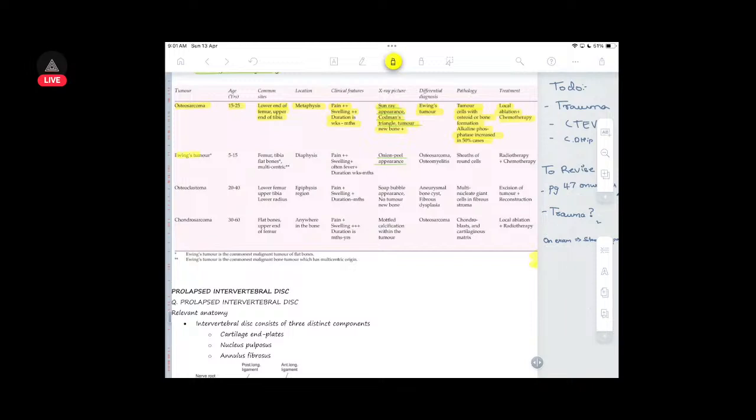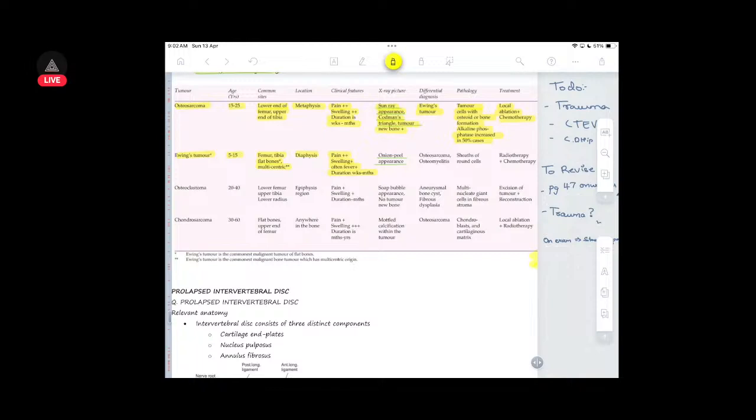Then Ewing sarcoma, between 5 and 15 years. Femur, tibia, flat bones are affected, and it may be multicentric. It is located in the diaphysis. Pain will be very severe. Swelling will be more. Often there is fever, and it lasts for weeks or months.